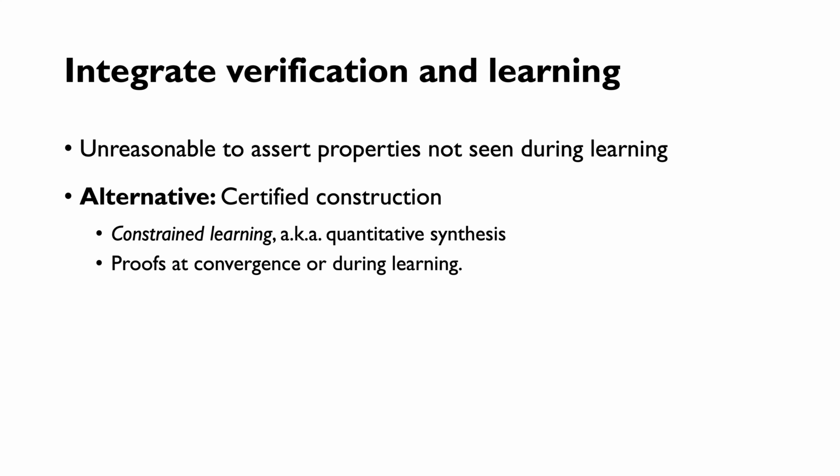Why would the learner converge to a property that satisfies something like that? So the alternative is to do certified construction. Basically, as you are learning, you incorporate the assertion, the property, into the learning process. And in fact, in the ideal setting, you would even come up with a proof that this property is satisfied.